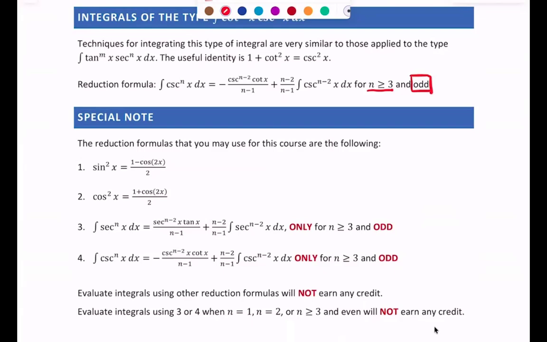For the reduction formula for sine, this is the only one you can use. Reduction formula for cosine, this is the only one you can use. These two, you can only use if the power is odd and greater than or equal to 2. Everything else, that means you have to apply the strategy that we talked about. And all these strategies are based on what? Just u substitution, one technique.